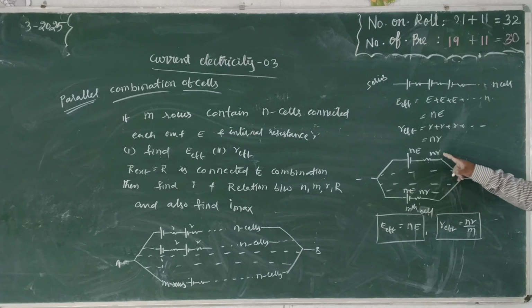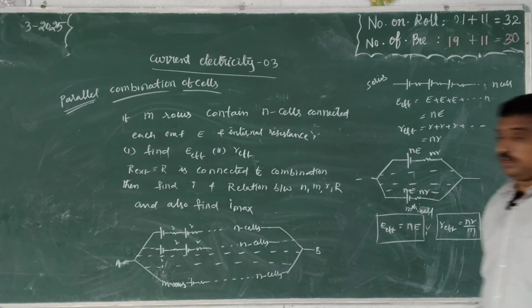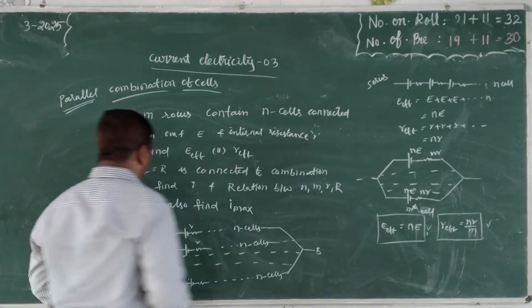Why? Because each internal resistance is nr and there are m rows. So the effective EMF is nE, and the effective resistance is nr by m.